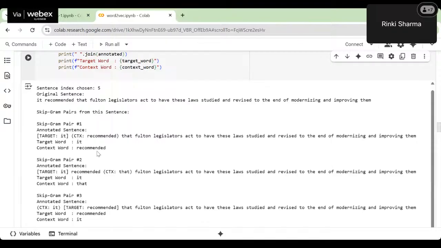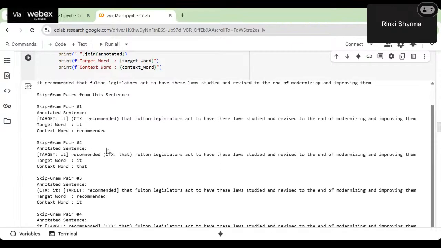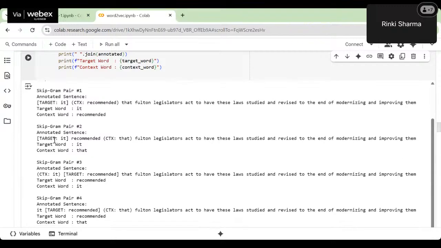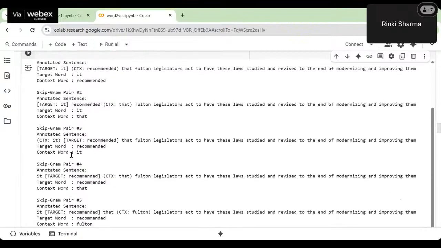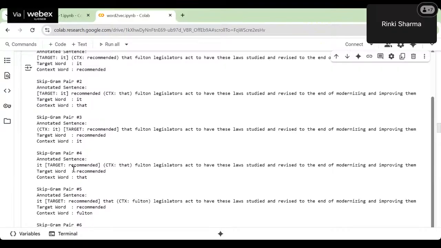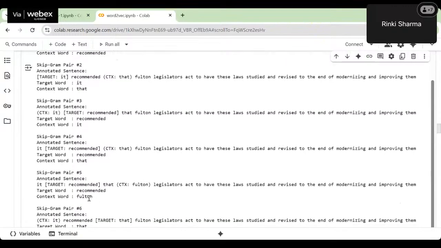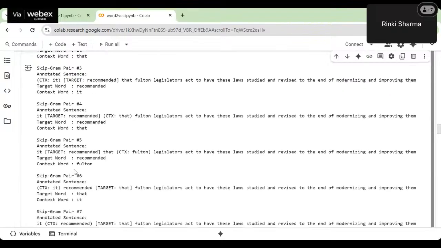The first context word is recommended. Similarly, as our window size is 2, the second word that serves as context for the target word it is that. Similarly, if our target word shifts to the second word, recommended, on the left side we have one word, it, and on the right side we have that and Fulton, which serve as the context words for the target word recommended.